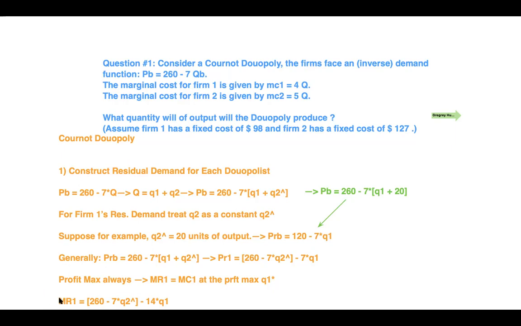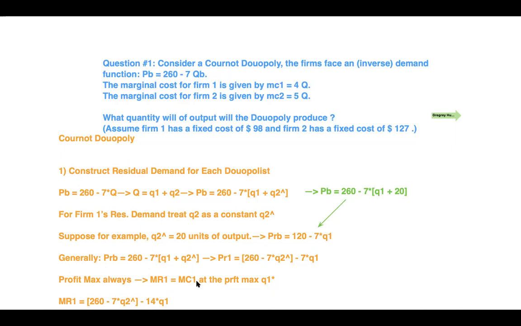So the residual marginal revenue has the term that has the output for the firm that we're modeling, right? Its profit maximization decision comes in with a coefficient that's twice what the coefficient is for the residual demand itself.